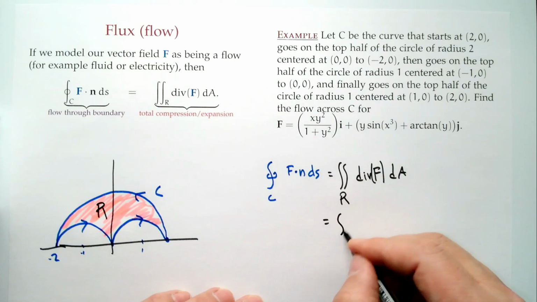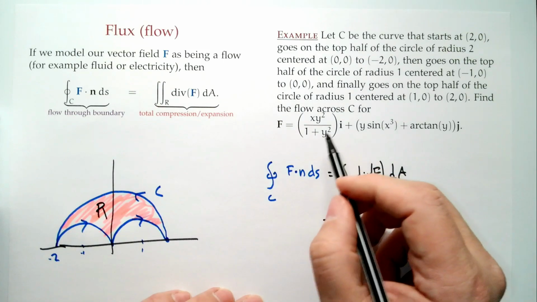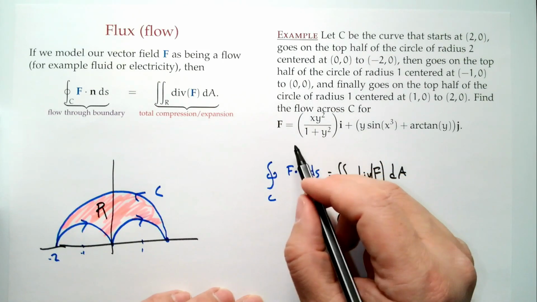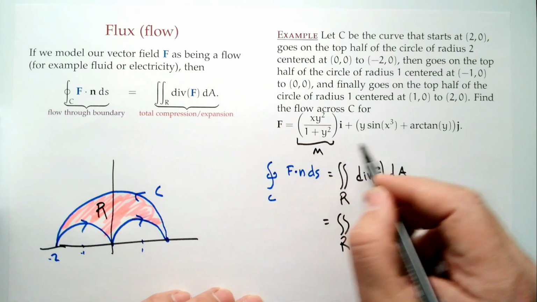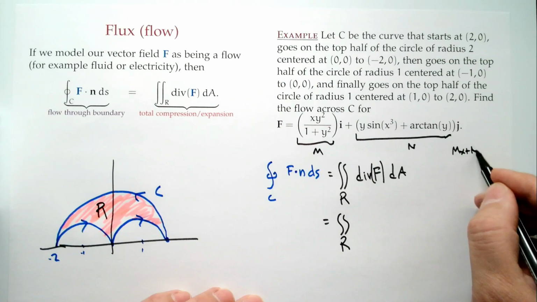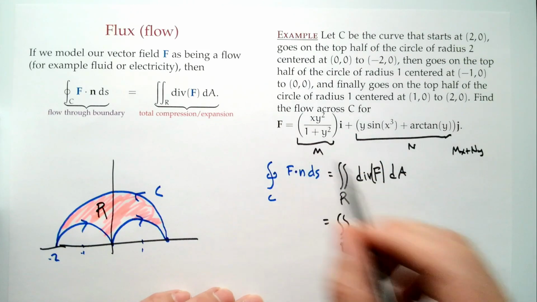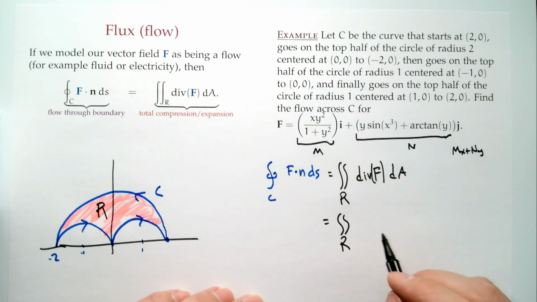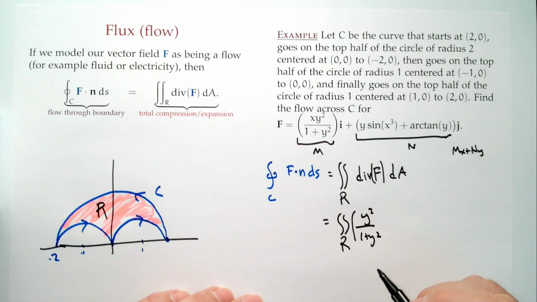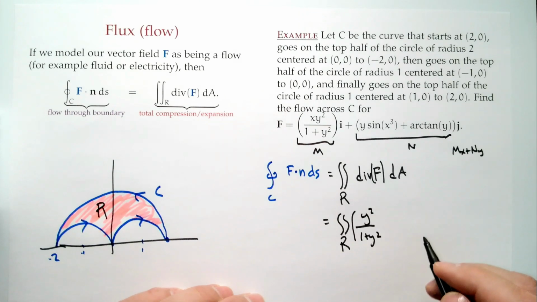Well, what's the divergence? Take the derivative of the first term with respect to x, because remember, this is the M, this is your N, and we want M sub x plus N sub y. That's our divergence. The derivative of the first entry with respect to x gives us y squared over 1 plus y squared, which at this point we're like, oh man, we've got to integrate that?